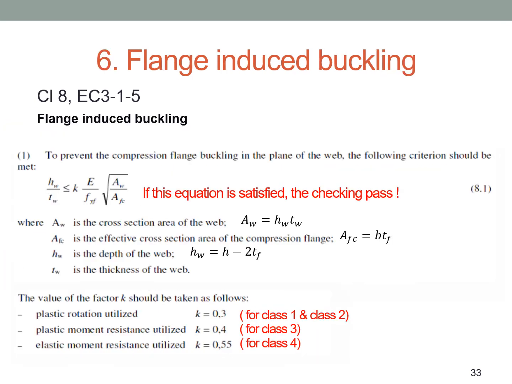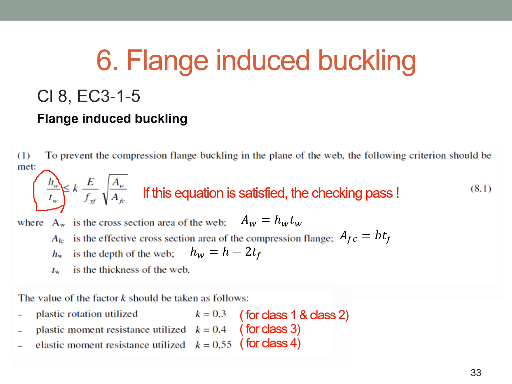And next is the flange-induced buckling resistance. To prevent compression flange buckling in the plane of the web, this criterion should be met, which is the ratio of hw over tw, again the ratio, must be less than kE divided by fyf times square root of Aw over Afc.